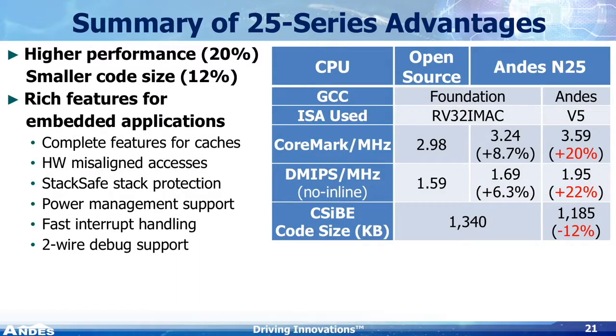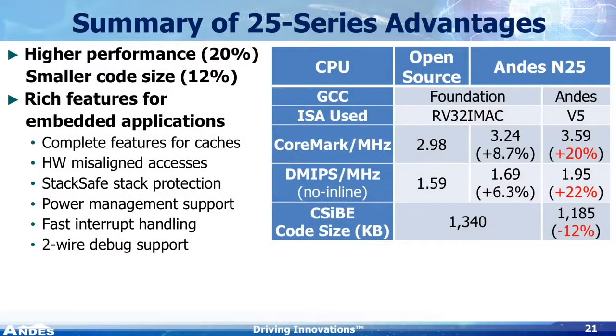So here I want to add some summary for the advantages of the 25 series processor. So Andes N25 is a 5-stage pipeline. We compare with an open source core, which is also a 5-stage pipeline, and using the Foundation compiler, Foundation GCC, which Andes is also a major contributor to, and for the 32-bit one, our CoreMark is almost 9% faster, and DMIPS is 6%.